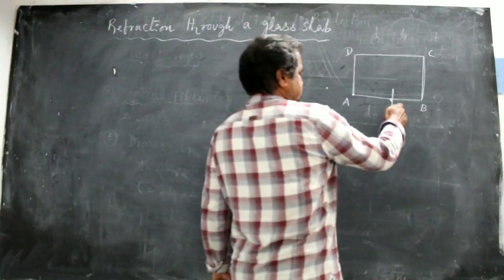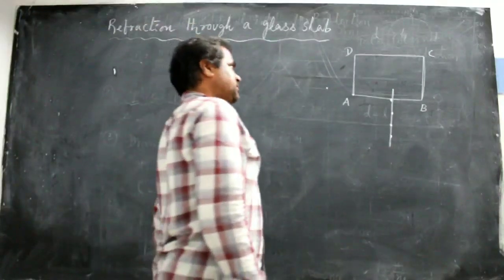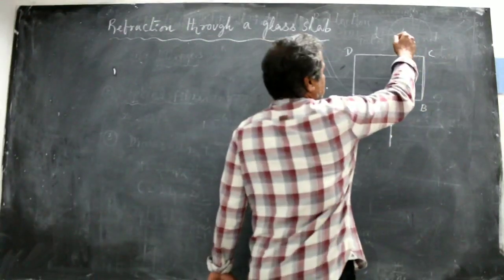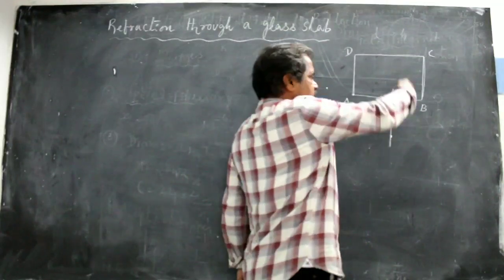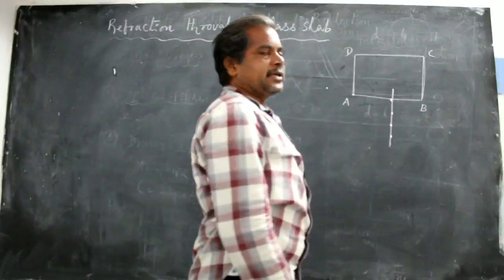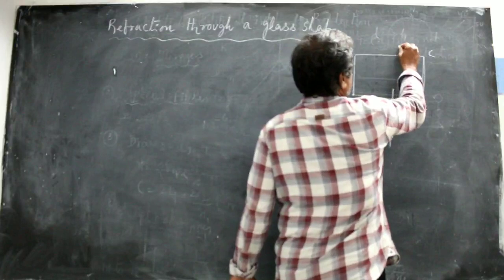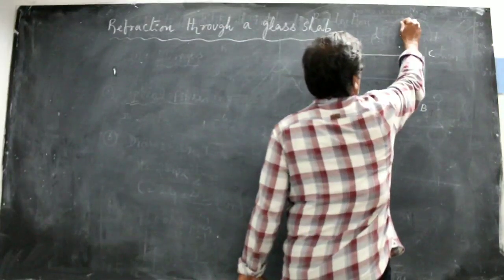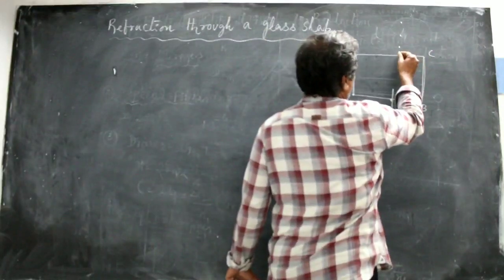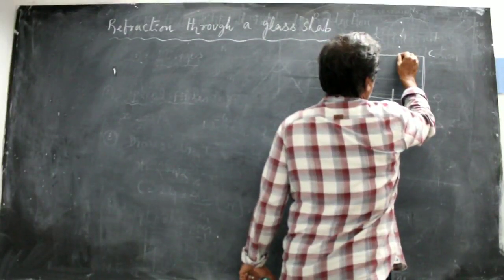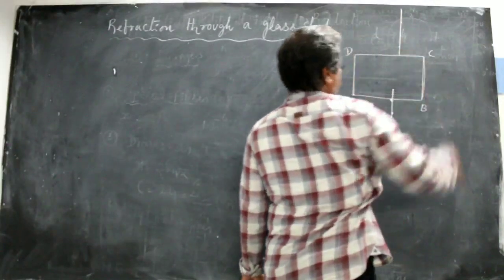Observe these 3 pins from the other side of the glass slab and place 2 or 3 pins again in such a manner that all those pins lie in the same straight line. Choose those points, remove those pins, and join the line through the points where the pins are placed.